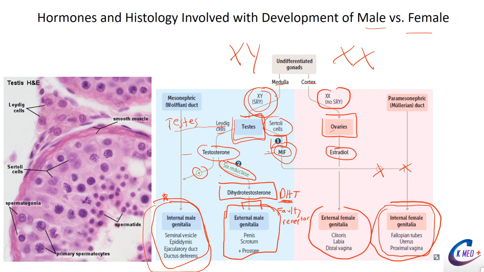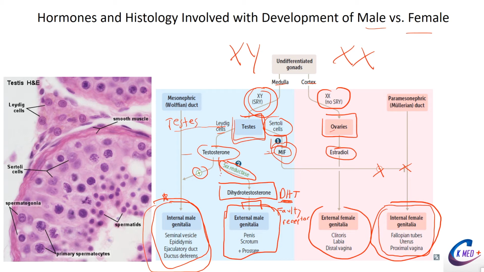And how you see this is, remember, if we start up here, it's an XY human. The XY human makes SRY, makes testes, Sertoli cells, Leydig cells. Sertoli cells will inhibit this. We have no problem with that pathway, so no female stuff is produced. And Leydig cells make testosterone.